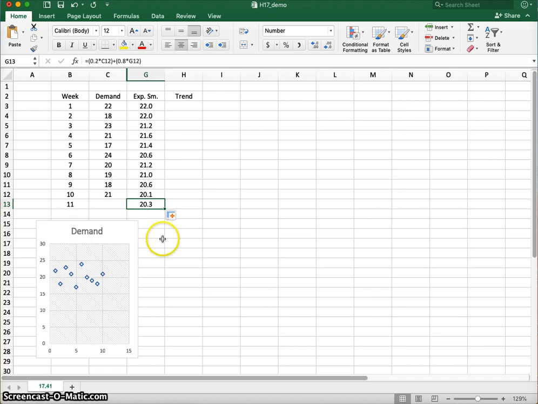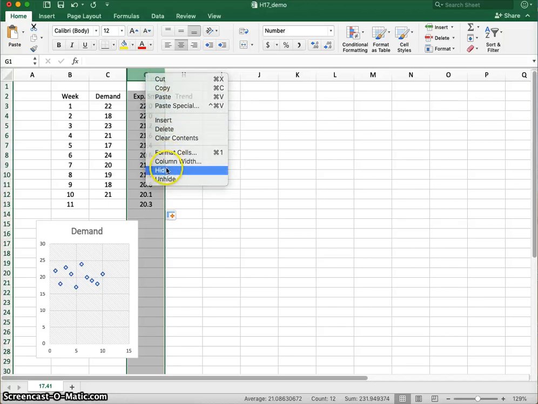Now, the higher the alpha, the more weight it puts on the last period. So if the alpha is 1, you'll actually get the same thing you would get using the naive method. Exponential smoothing is kind of another way of doing a weighted average. All right, so that's that one.